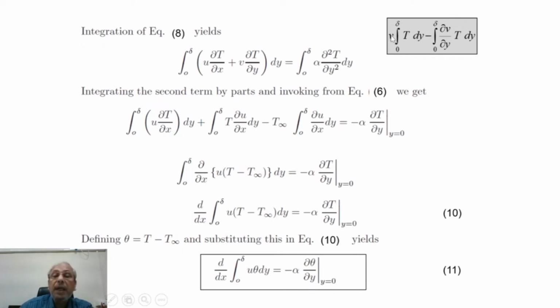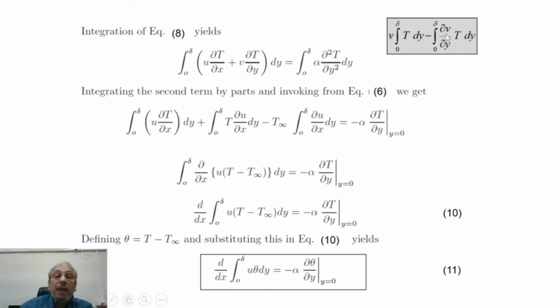When we evaluate this term, v is basically minus integral of del u del x. So t infinity we can bring outside, and v is basically minus integral 0 to delta del u del x dy. So this first term becomes t infinity into integral 0 to delta del u del x dy. V is basically minus del u del x integrated between 0 to delta.